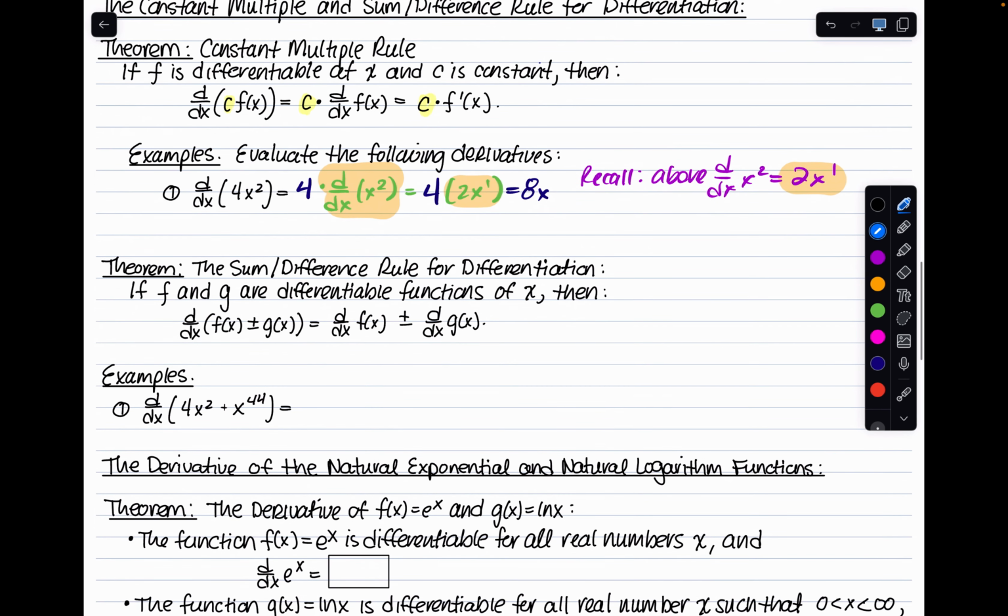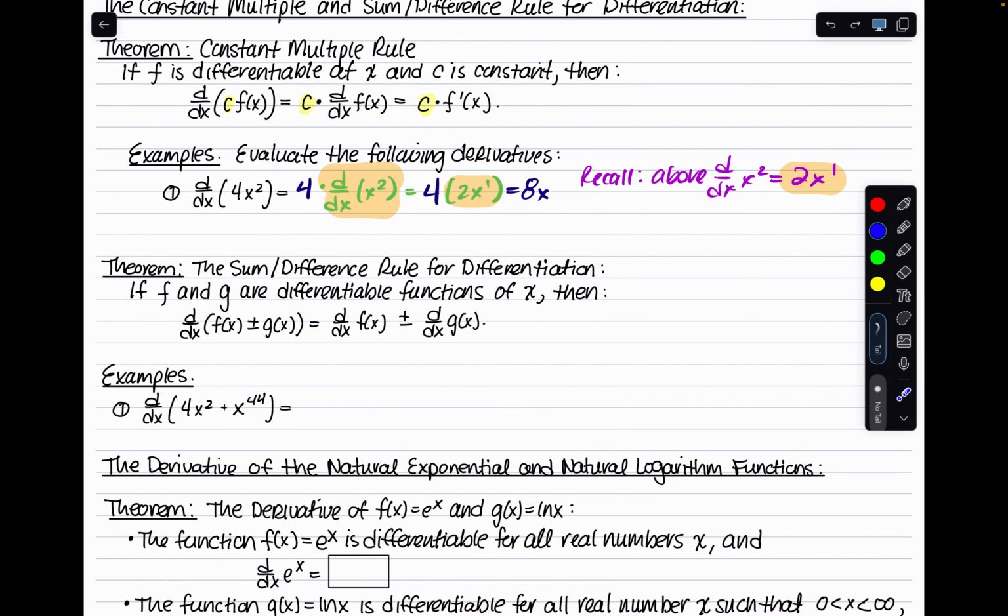Now, the last rule for differentiation we're going to learn is called the sum difference rule. The sum difference rule isn't really too elusive. It just says if I add 2 functions together and I want to find their derivatives, then I add the functions' derivatives.